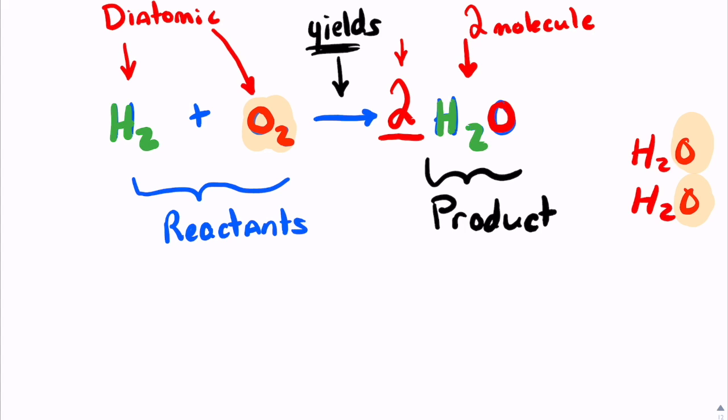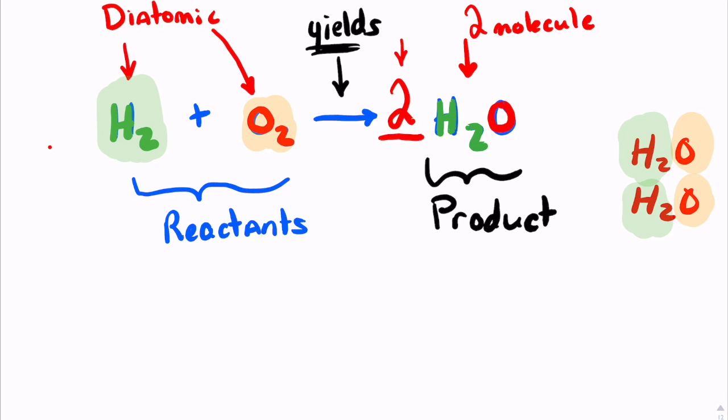I didn't create or destroy oxygen. Hydrogen, on the other hand, when you have 2 molecules of water, you have 4 hydrogen on the right side, our product side, and you only have 2 on the reactants.